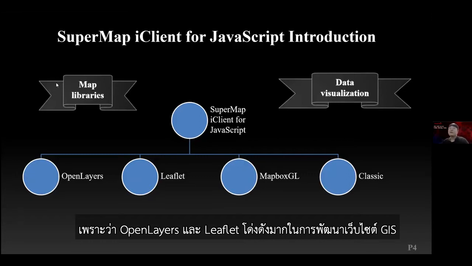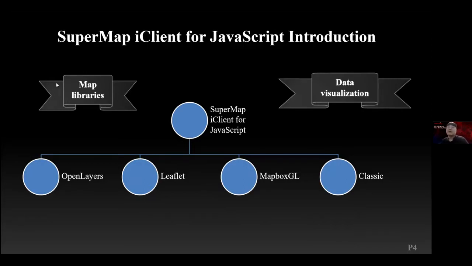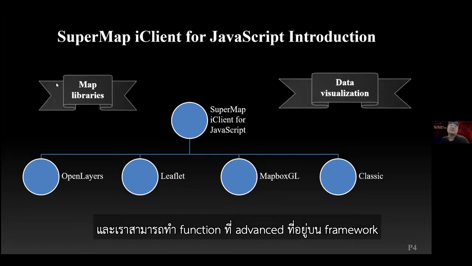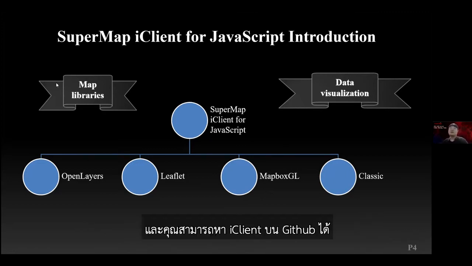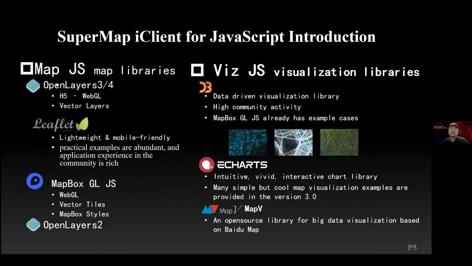OpenLayers and Leaflet are very popular in WebGIS development. So we choose to, based on these open source frameworks, provide the capability for them to connect the services published by iServer in SuperMap format. And we also achieve more advanced functions based on the frameworks. You can also search SuperMap iClient for JavaScript on GitHub because it's open source and you can download the source code of it.